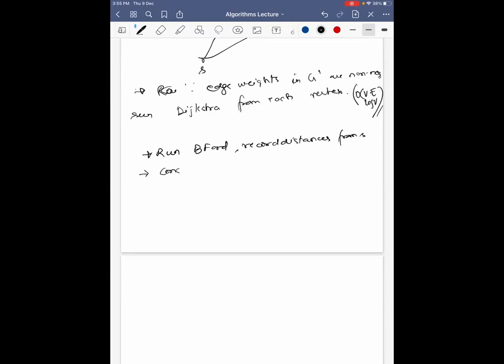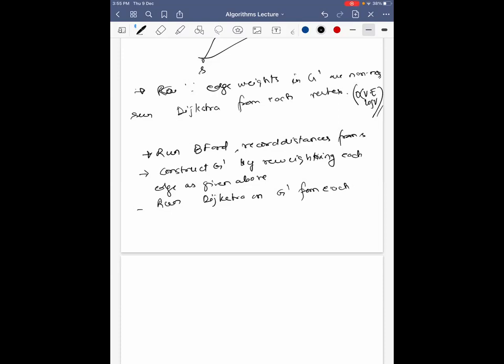Then construct G dash by reweighting each edge as given above, and then run Dijkstra on G dash from each vertex.